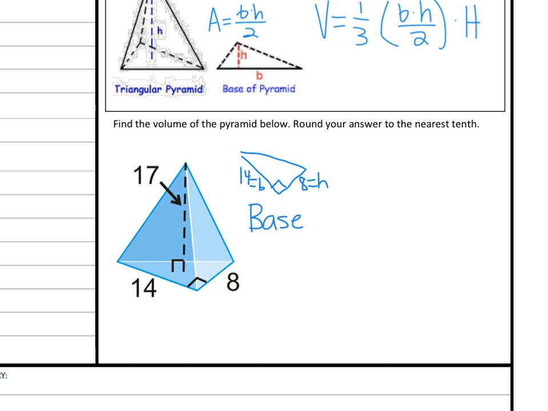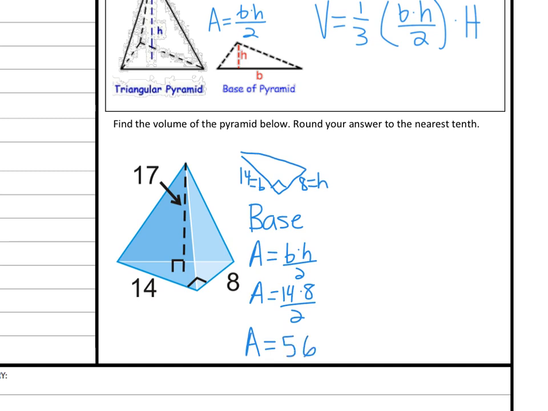So the area for this triangle, base times height over 2, if I plug in my numbers, I'm going to get 14 times 8 divided by 2. And that area, when I do that on my calculator, is going to give me 56.